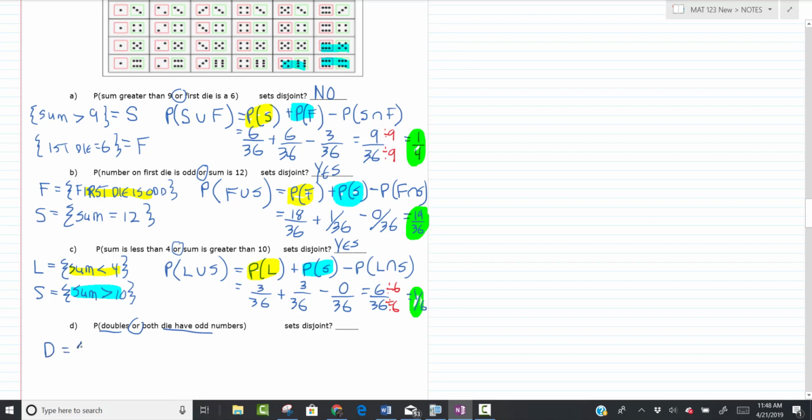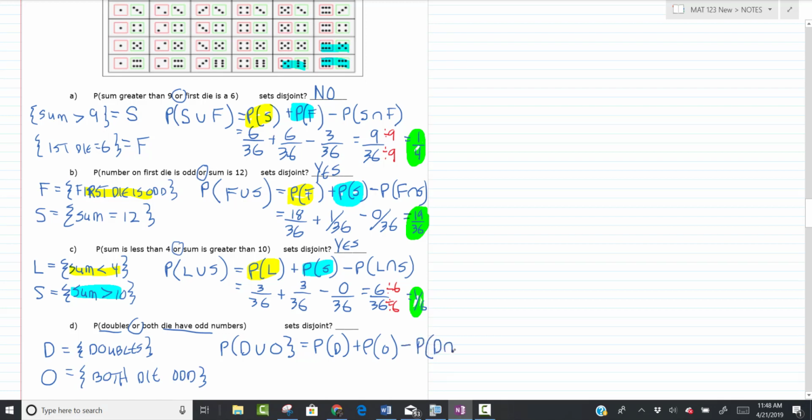D is going to be doubles. And then I'll use O for odd, so this just means both die have odd numbers. Okay, and again, it's a union, so we're going to do the probability of getting doubles, union, both die are odd. So that would be the probability of doubles plus the probability both die are odd minus the probability of the intersection.